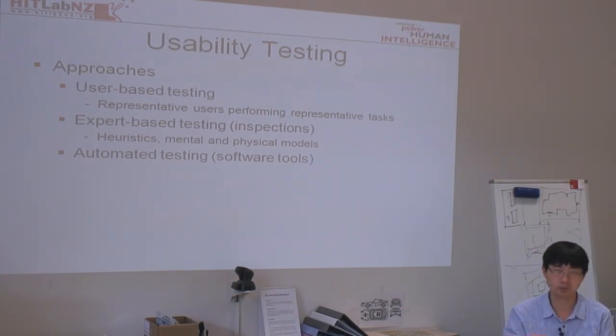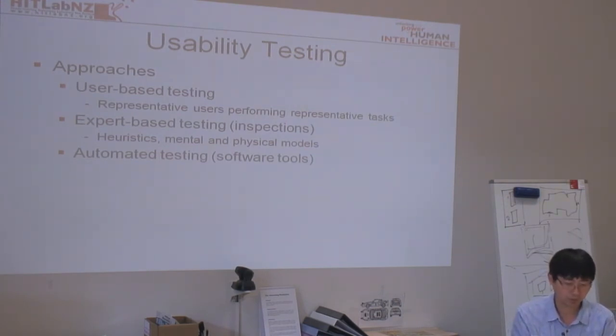So of course, you get some users and let them use your user interface and find out some problems they had while using it so that you can fix them and make sure your product is free of those problems. And the second way is to involve experts who are aware of certain heuristic rules of HCI design and have them try your user interface and see if some of the designs violate those heuristic rules and so forth.